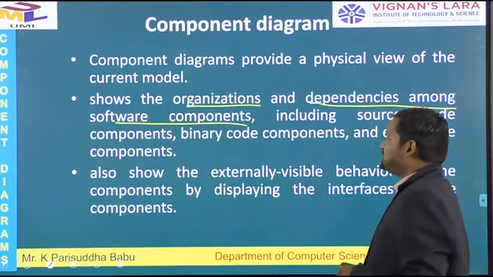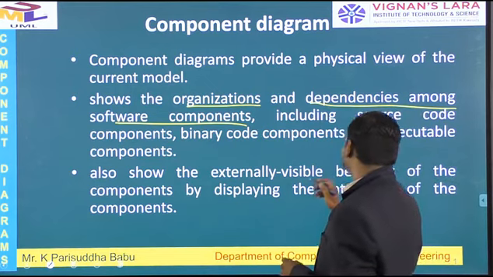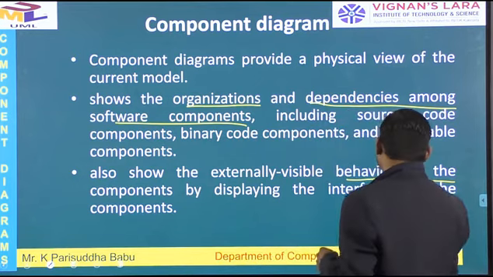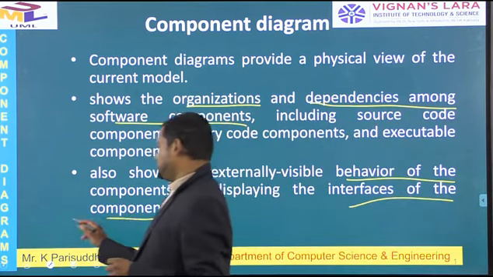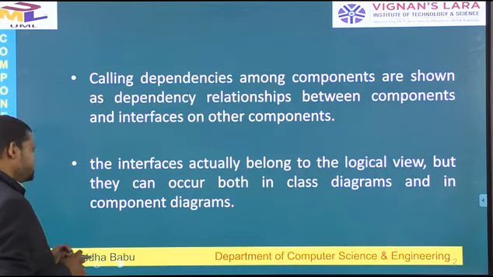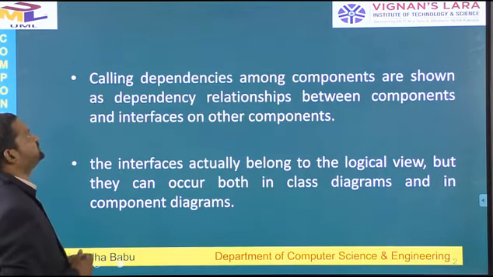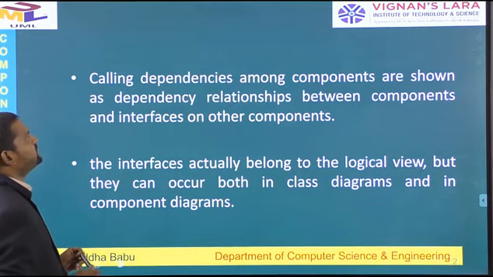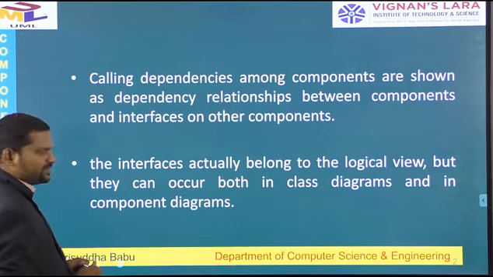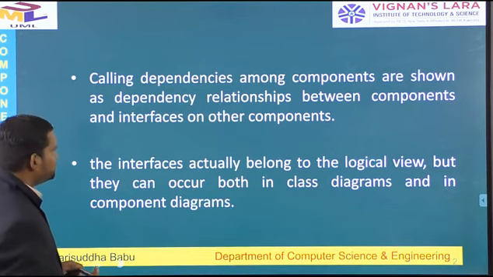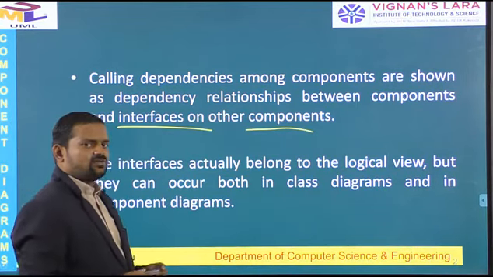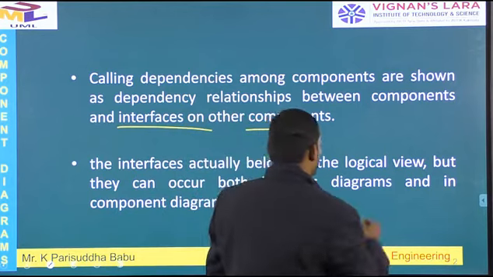Also, we show the externally visible behavior of the components by displaying the interfaces of the components. In the component diagram, calling dependencies among components are shown as dependency relationships between the components and the interfaces of the other components.